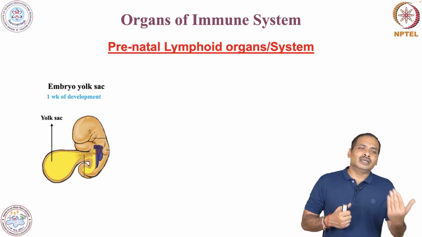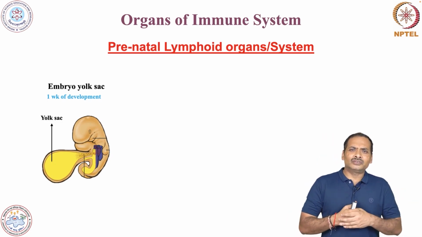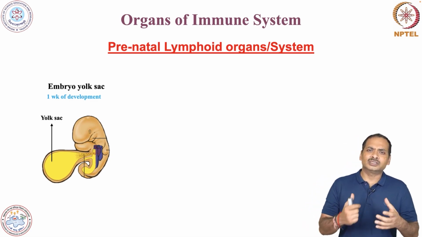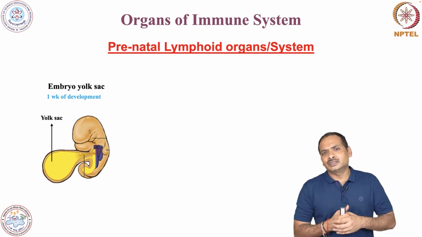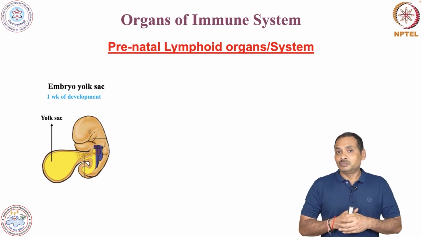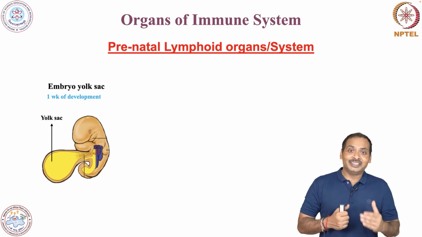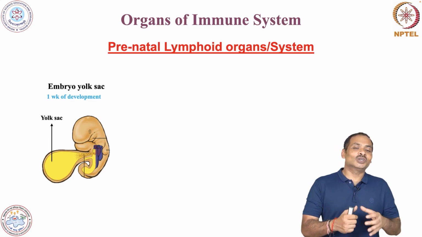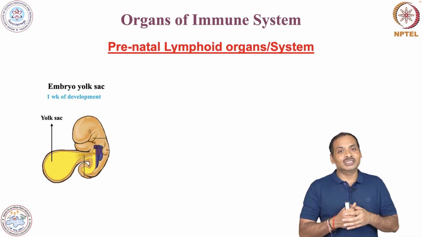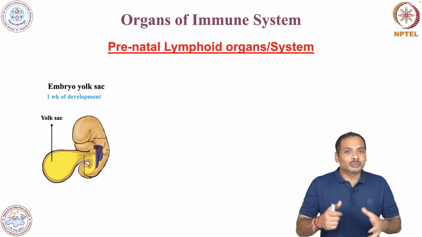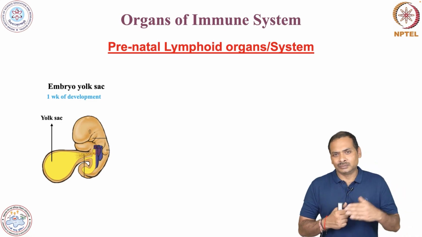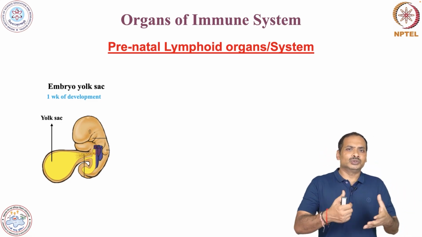After 1 week, the yolk sac is formed, and this yolk sac is a site for the development of blood cells, and in addition, a site for the development of immune cells, and these immune cells basically take care of the developing fetus's immunity besides the mother's immune responses. Okay.